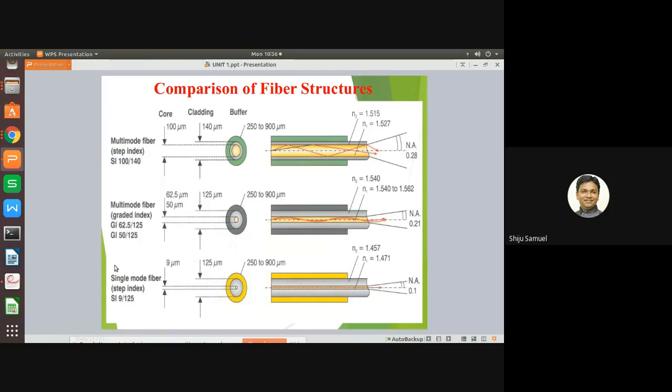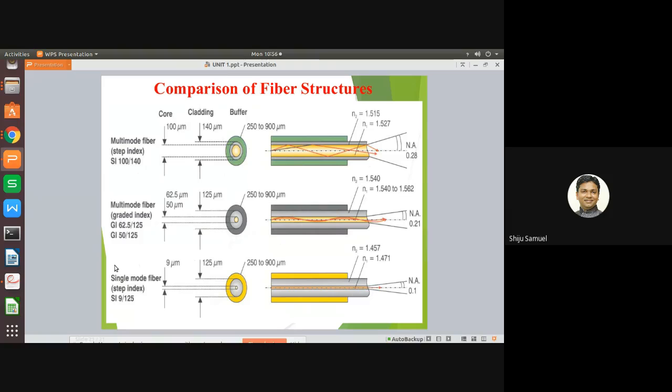Now come to the first diagram, the multi-mode step index fiber. In the multi-mode step index fiber, the numerical aperture is 0.28. So our condition is satisfied here: large numerical aperture as well as the core diameter facilitates easier coupling to optical sources.